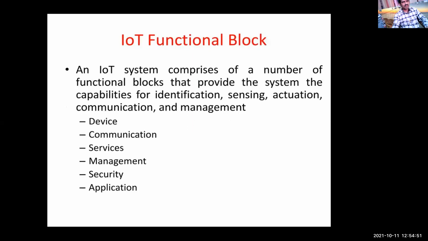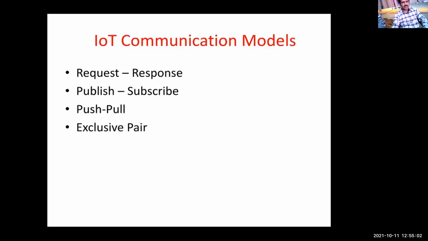We have discussed the IoT function blocks, what the function blocks in the IoT are. Next, the IoT communication model. There are 4 communication models: request-response, publish-subscribe, push-pull, and exclusive pair. We discussed these things in the previous class.